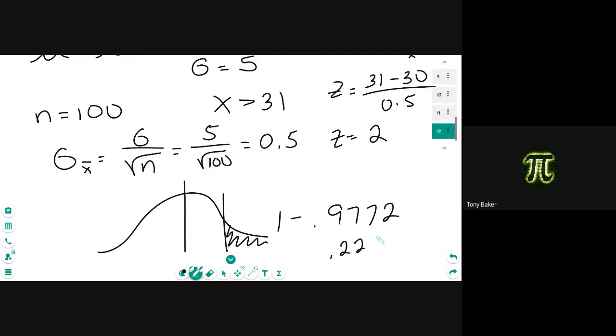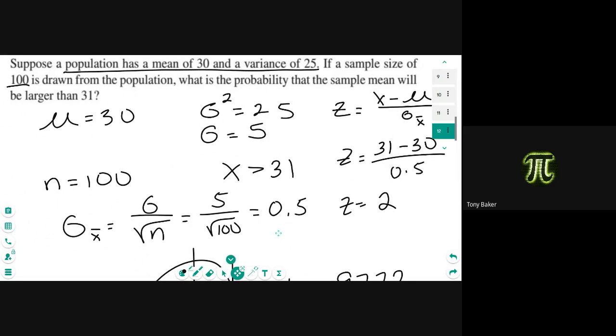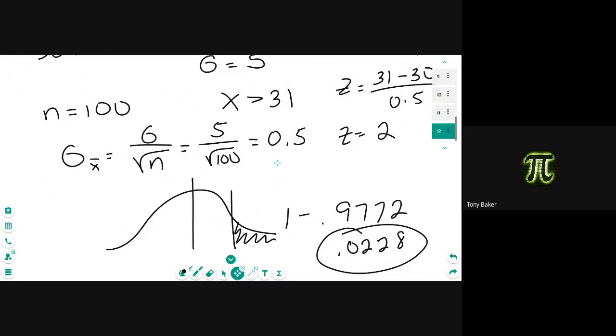So 0.0228. So that is my answer. The chances of a sample mean being greater than 31 is 0.0228, or probability, not percent.